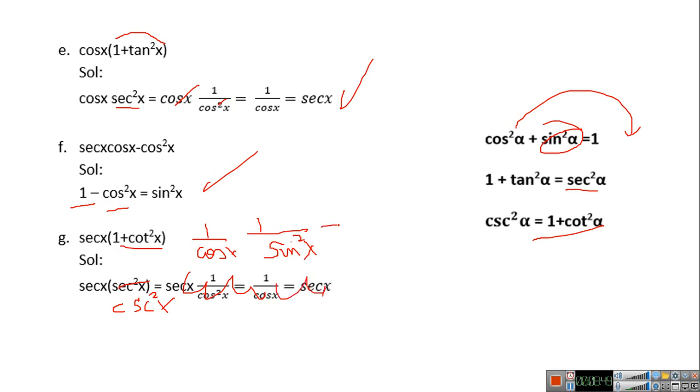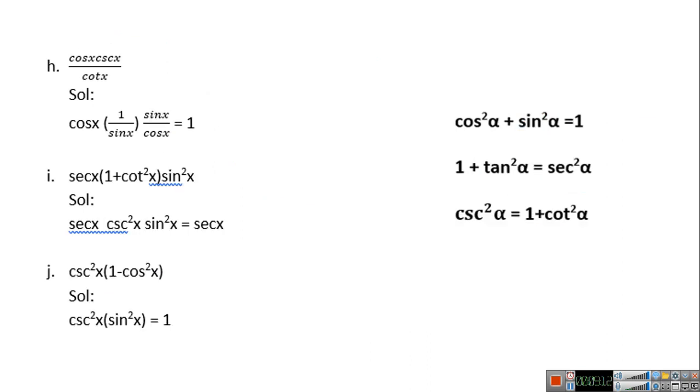So we keep it as it is. It will be 1 over cosine x times sine square x. Cosecant is 1 over sine square times 1 over cosine x. We cannot simplify it, we keep it as it is.